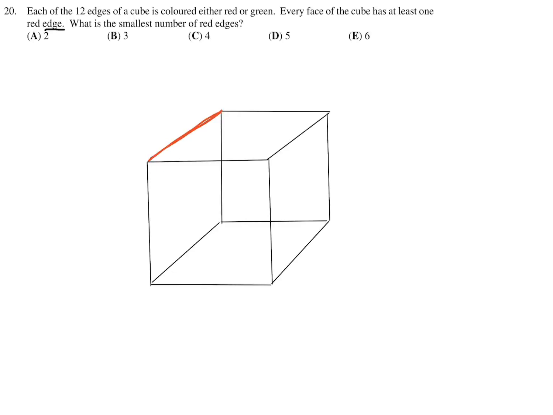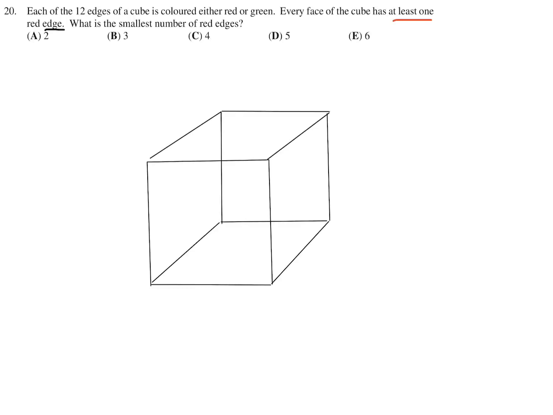So the top face includes it now. And then also this side here, I'll draw a different color. This side here also includes this red. So you see what the question is asking. They're saying, what is the smallest number of red edges so that every face has at least 1 red edge?